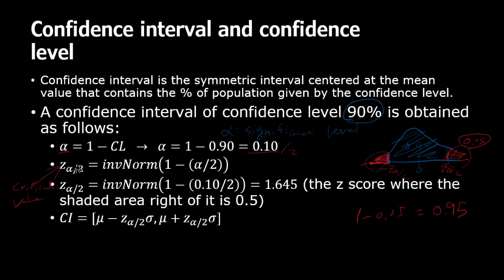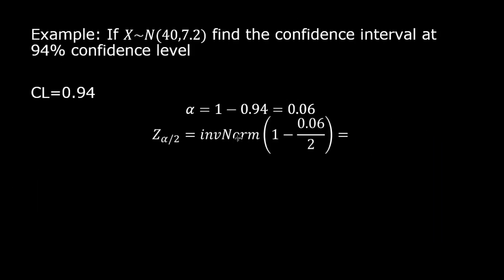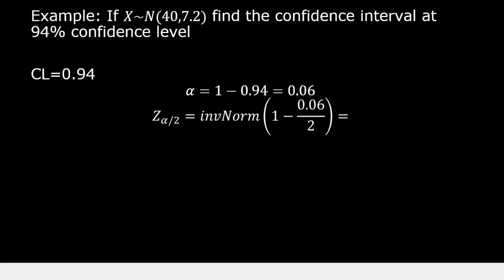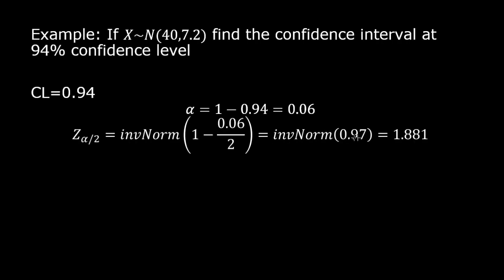Okay? So I just apply that to what we have, and you have the critical value equals inverse norm of 1 minus 0.06 over 2. And I'll skip the calculator part, but it's exactly the same thing. You do the exact same thing, and using the calculator, you will see that the value is 1.881.